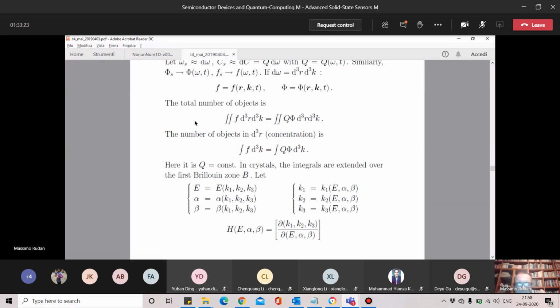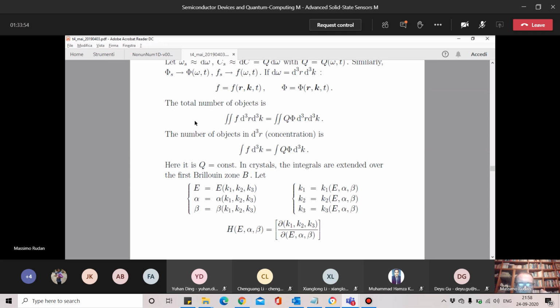Of course, it is not prescribed the order in which we perform the two integrations. We may start by integrating over R and next integrate over K, or we may decide to integrate over K first and later we integrate over R, okay? So this is shown in the next line.